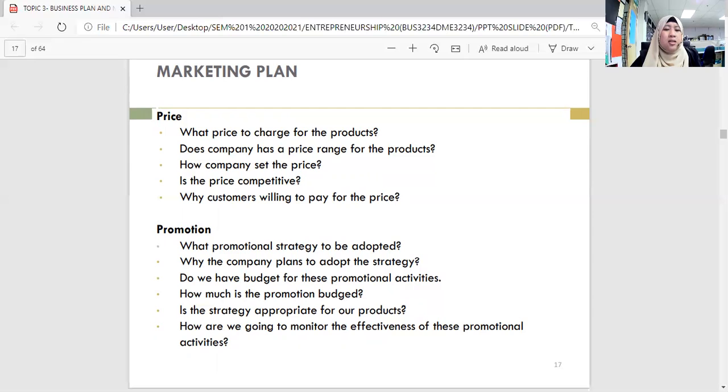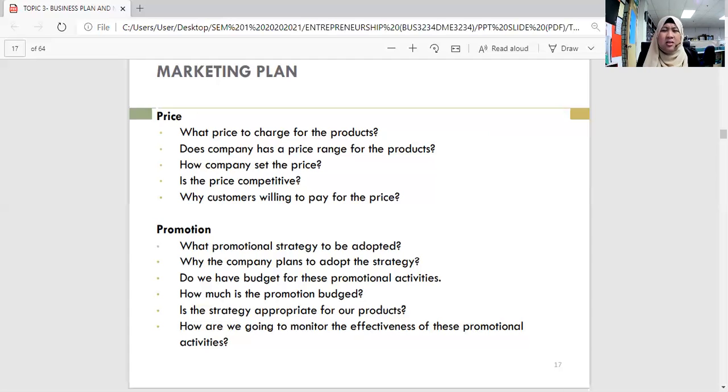And then, is the strategy appropriate for our products, and how are we going to monitor the effectiveness of these promotional activities? So looking into this, we have to make sure how we want to know whether it's effective or not. Number one, we have to make sure that these promotional activities really give impact on our sales. That is how the measurement and monitoring works. Basically, we monitor that area.